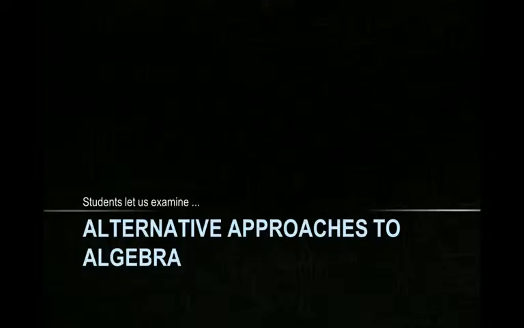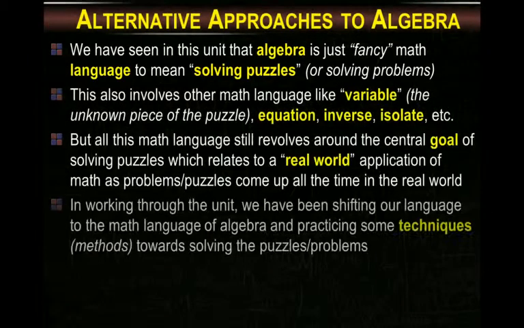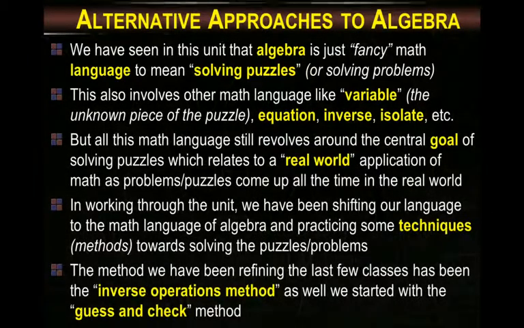Okay, so today I'm going to teach you one alternative way to do it. For those of you who really think lazy and don't want to do all those steps, but might feel confident enough to do it this way, this method I'm going to show you today kind of skips a few steps. Now, if we're just solving puzzles, and the variable is the unknown piece, and we're using all this language, okay?